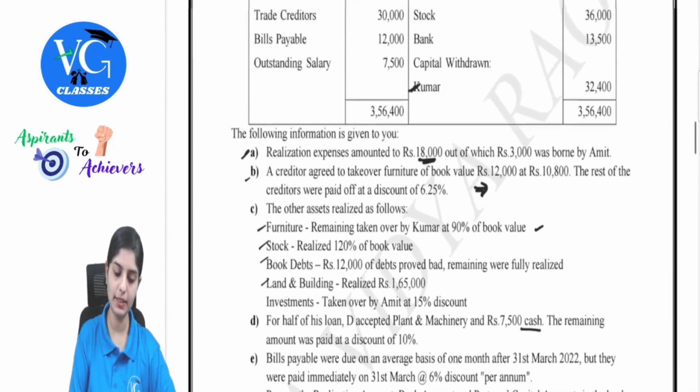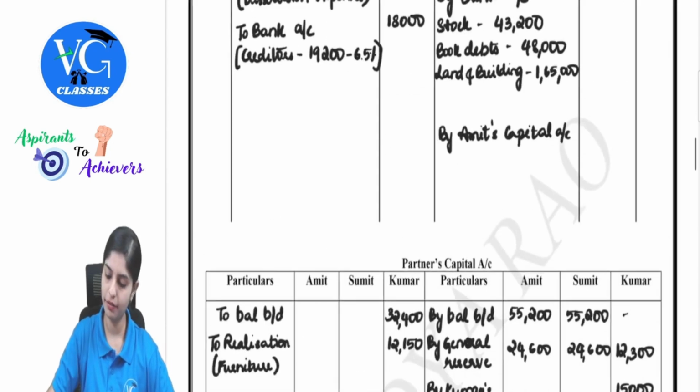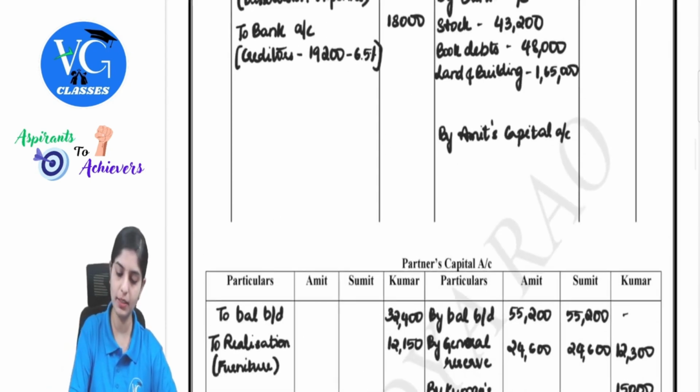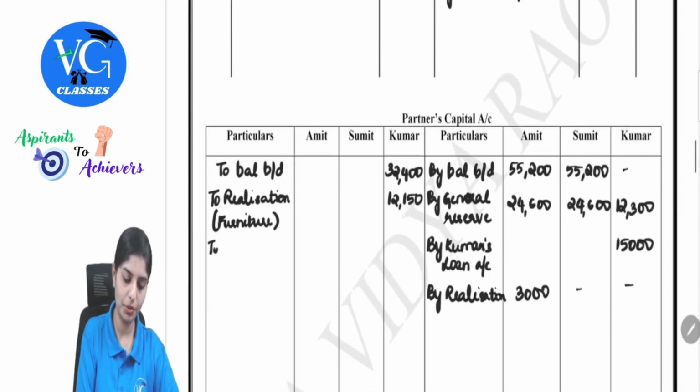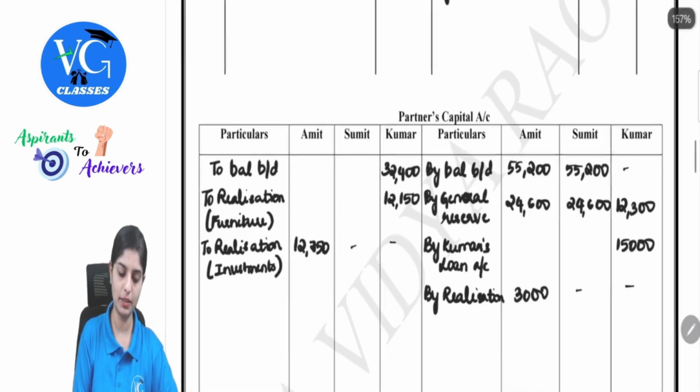Investments at 15% discount. Investment is shown at 15,000. 15,000, 15% discount. So 12,750 to realization. This will be investments 12,750 for Amit.